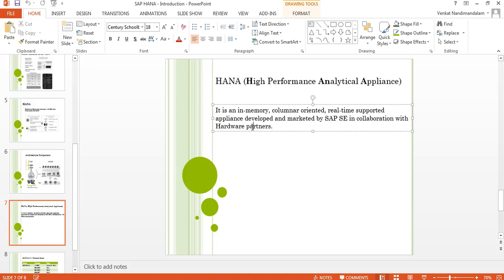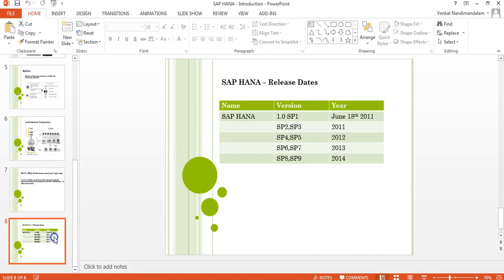Now let's talk about the evolution of HANA, like when HANA came to market and what the current situation is. HANA was released into the market on June 18, 2011. That was the first HANA version released, and till now we have seen 9 service packs. SP stands for service pack.